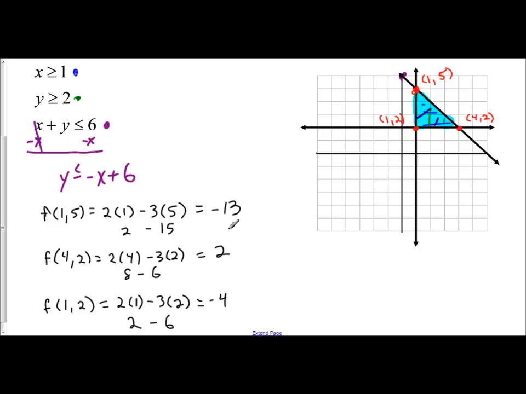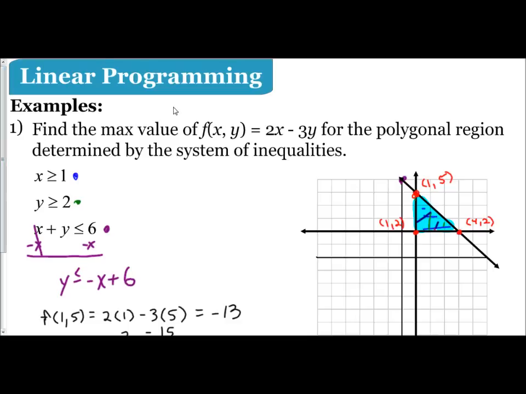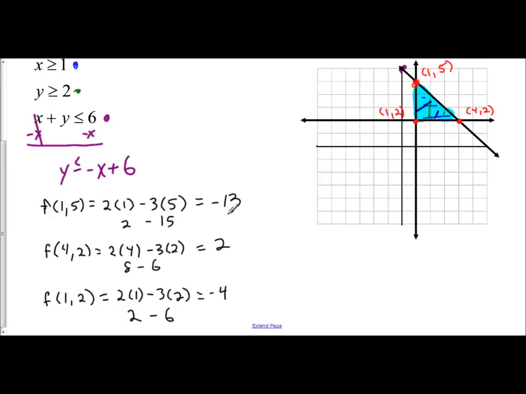These are the values of the function based off of our vertices, our coordinates. I'm asked in this problem to determine the maximum value of that function. My values are negative 13, 2, and negative 4. Which one has the largest value? That would be 2.